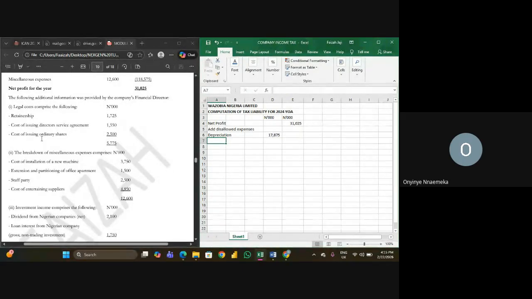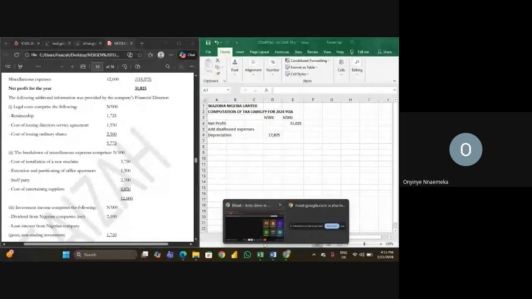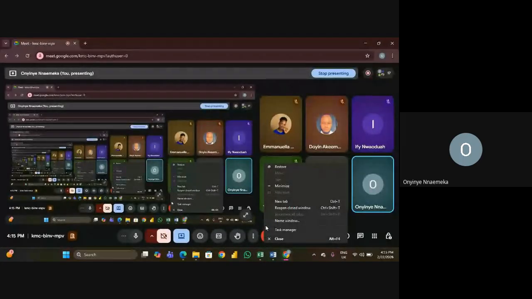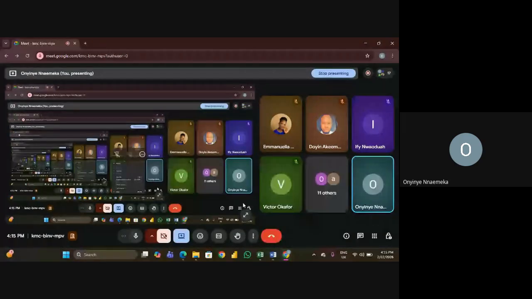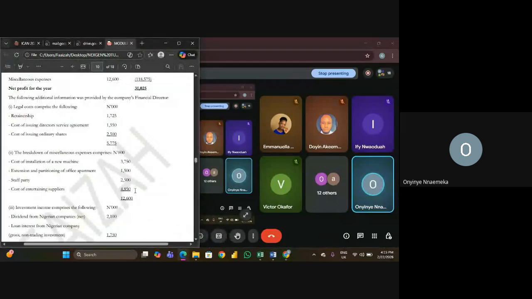But if we feel that this is not a pre-incorporation expense, we allow. So now let me hear your view. What do you guys think about these expenses now? Do you think we should allow or disallow the expenses? This cost of issuing director service.